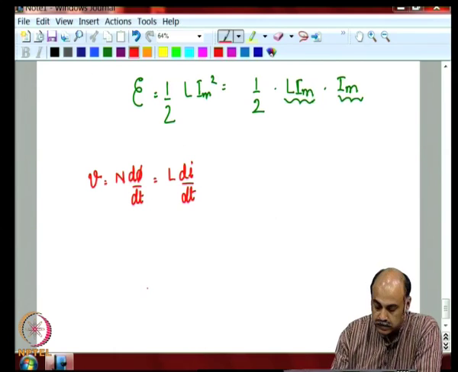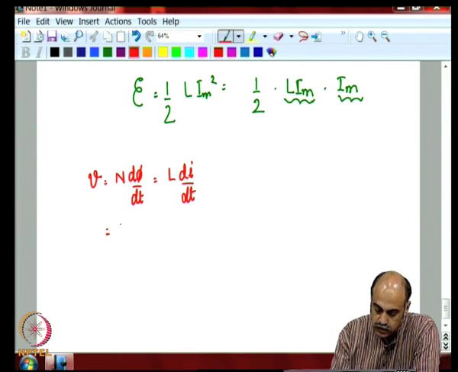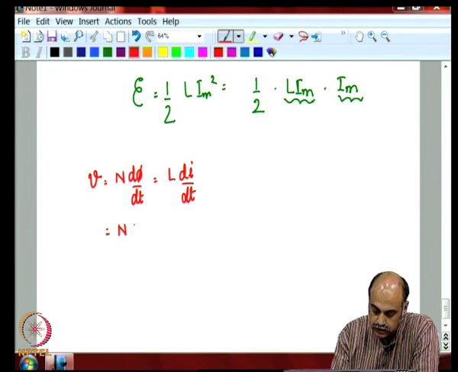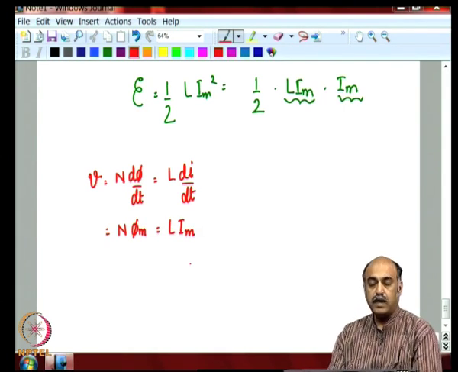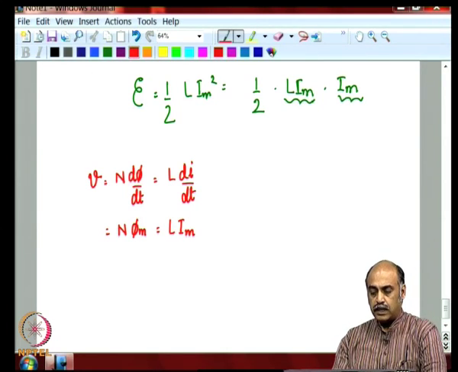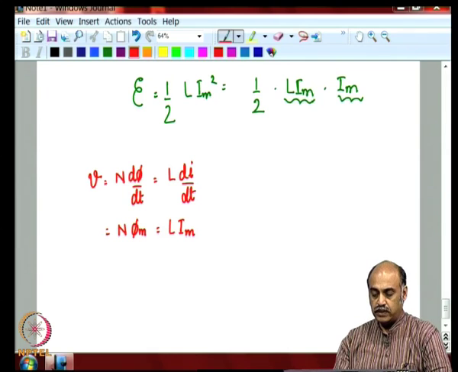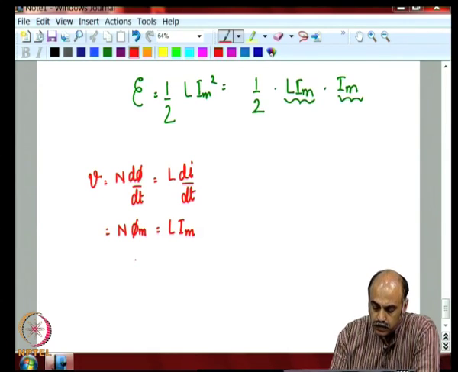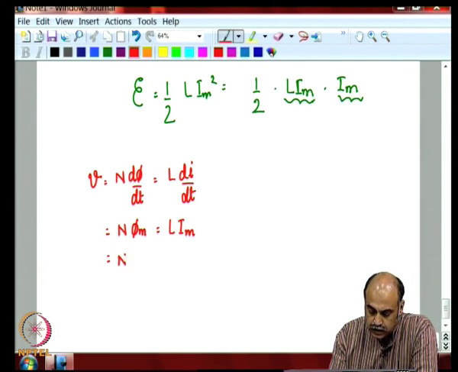As the current is linear, you can as well write it as N phi m is equal to L I m, because in a given time, if the current has reached I m, the flux would have reached phi m, and N phi m can be written as N AC into B m.